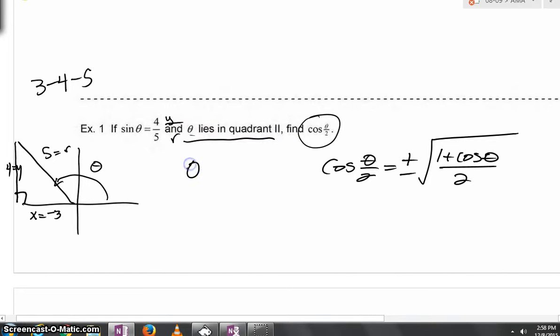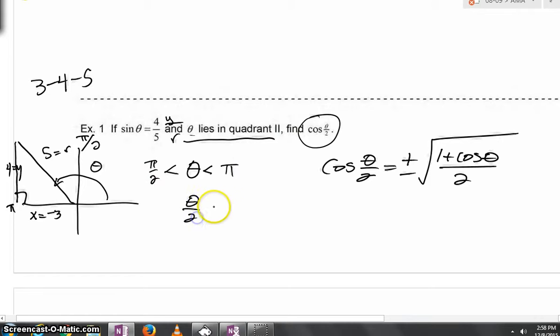If theta lies in quadrant 2, would you agree it's between pi over 2 and pi? Work with what are called the quadrantal angles, those are the angles made by the x and the y axis. You're always going to say, I'm bigger than pi over 2 and smaller than pi.